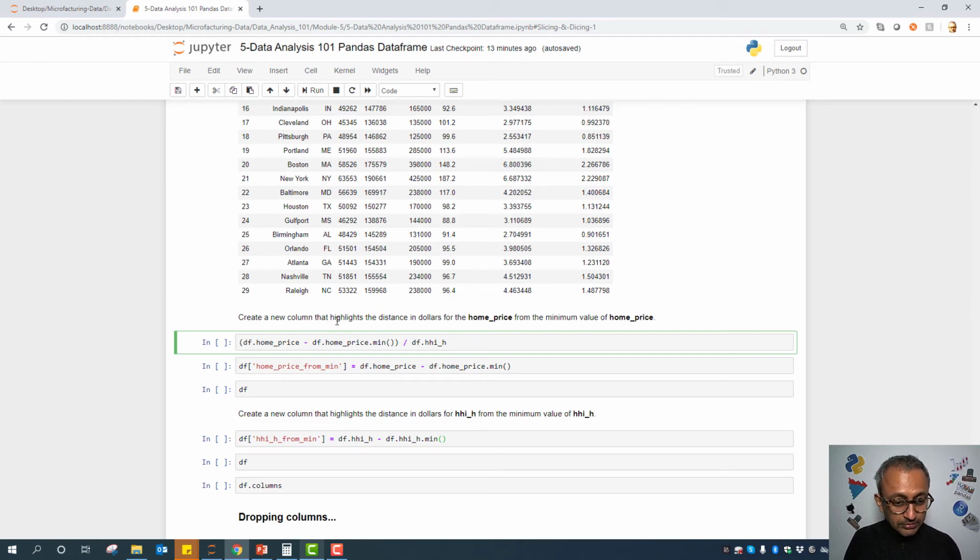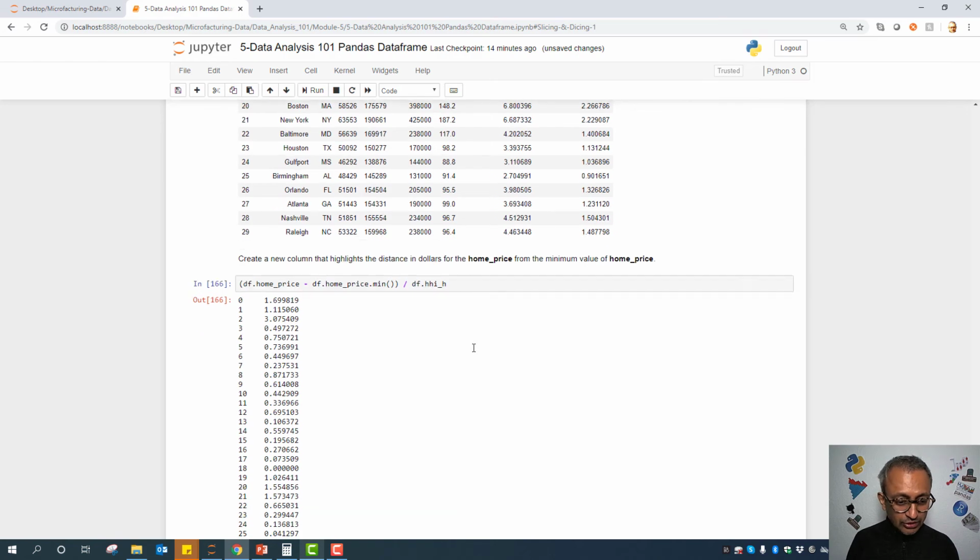So create a new column that highlights the distance in dollars from the minimum value of home price to each home price. So we're going to take the HHIH.